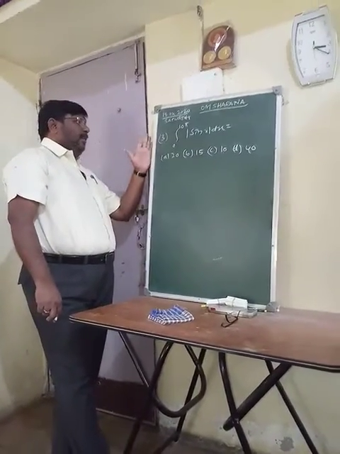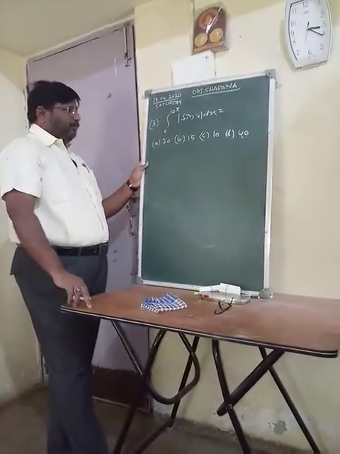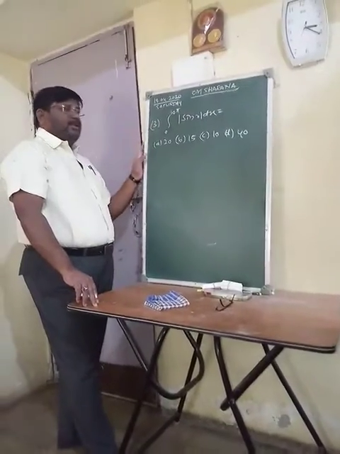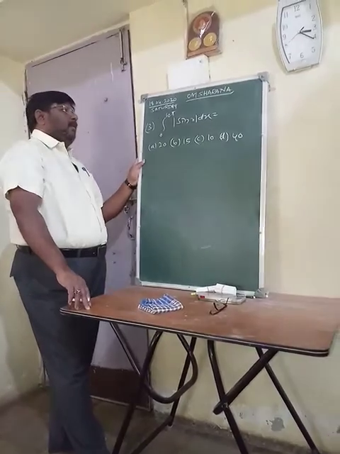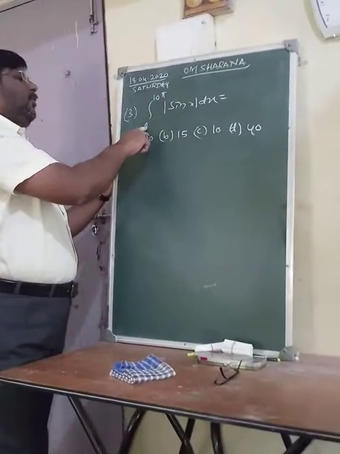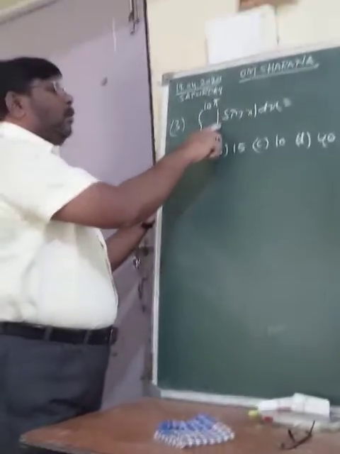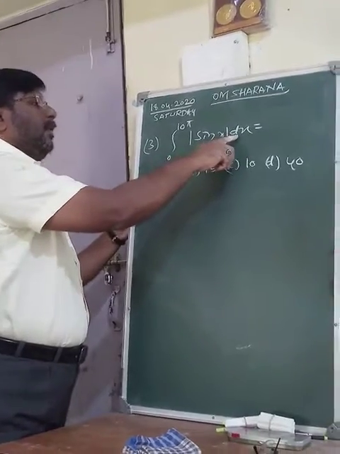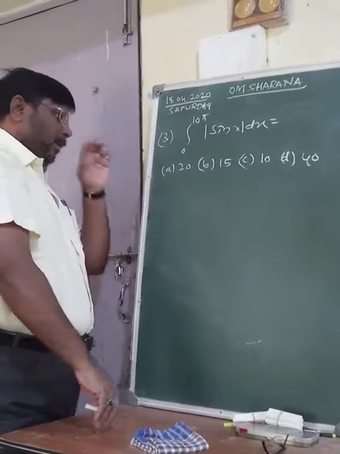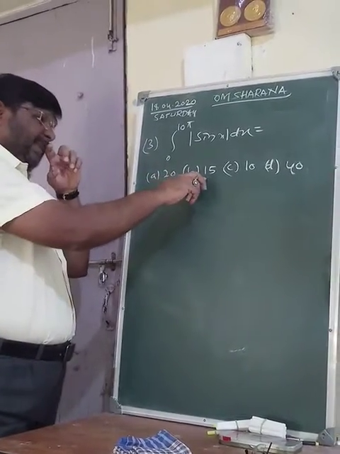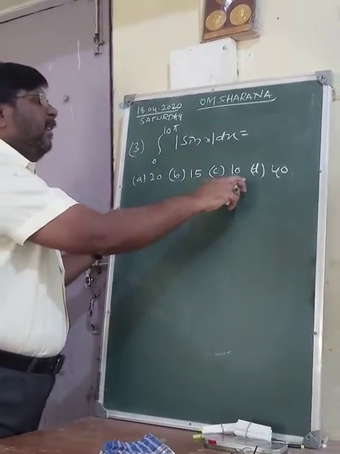Yes. Now we have to go to the next question, which is question number 3. It is integral 0 to 10 pi modulus of sin x dx equals to. Given options are 20, 15, 10, 40.